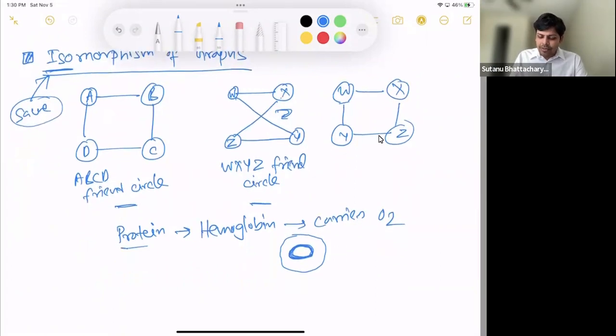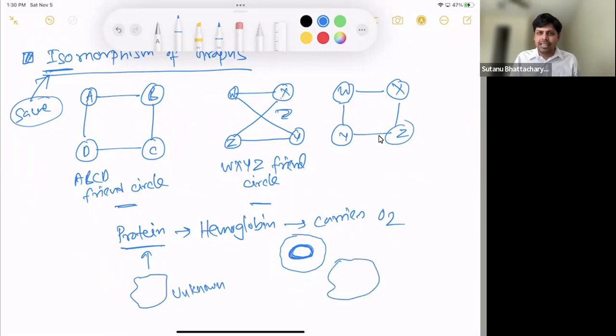You can represent a protein like a graph, and each protein is made using 20 amino acids. Each amino acid, you can think of as a vertex. So you can represent a protein like a graph. Suppose this is an unknown protein. You don't know how it works. And there is a protein which is very similar to that protein.